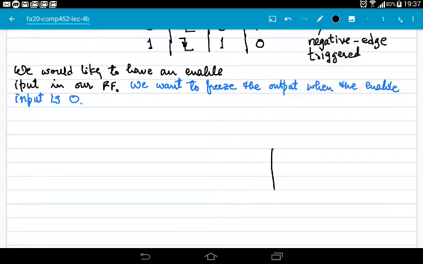This is our latch. This is the control input. This is the D input of the latch. This is Q of the latch, and this is again Q. Okay.